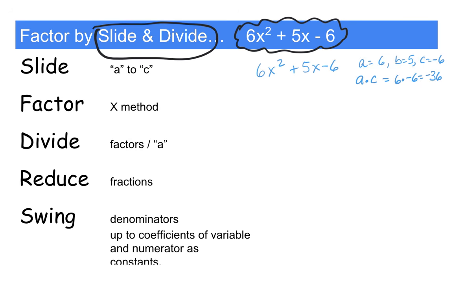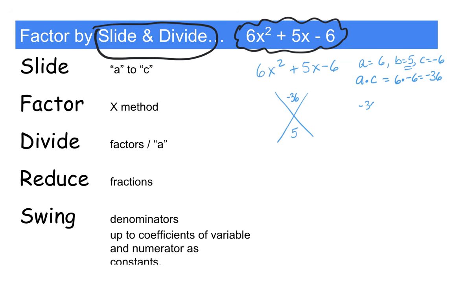So if I consider my X method, I have a negative 36 right here. And B in this case is 5, so that comes right here.